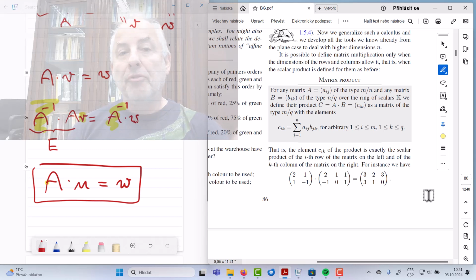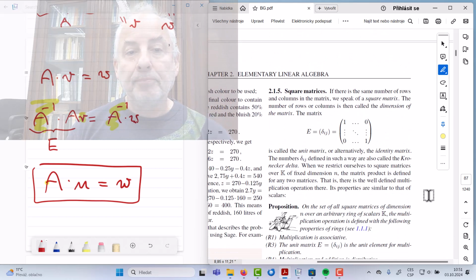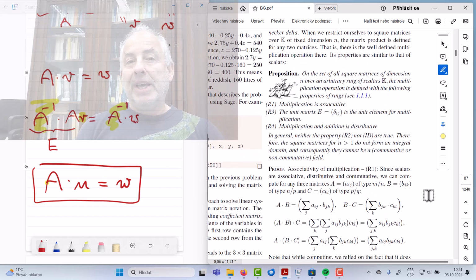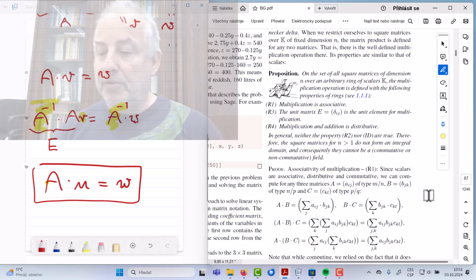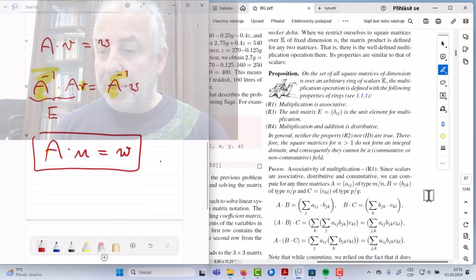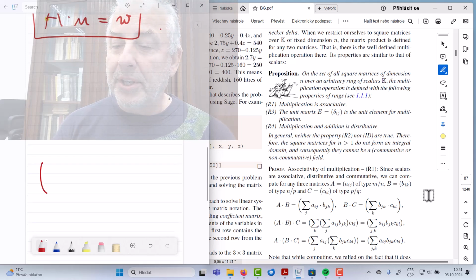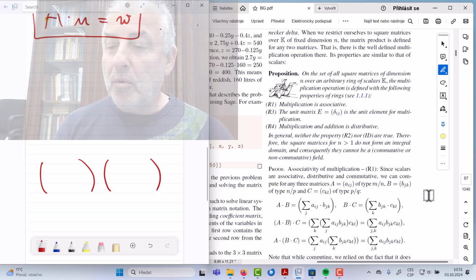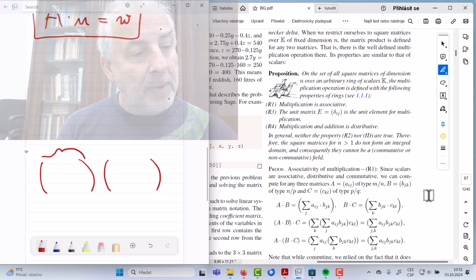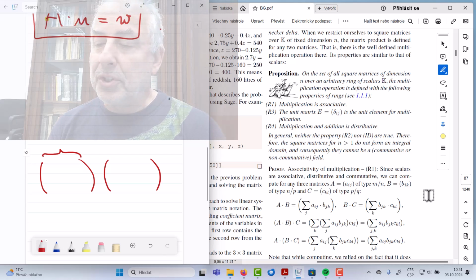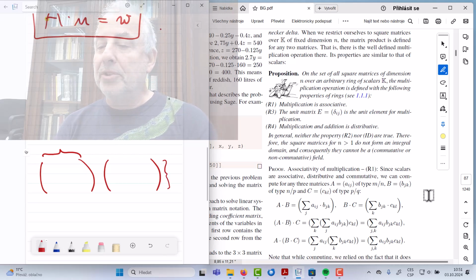So here it's formally given, and this is the unit matrix, and here are the propositions, right? That actually, if we deal with, say, square matrices, so we always, if we deal with two matrices, then the only thing to remember is that we can multiply them only in such a case when the number of columns of the first matrix is the same as the number of rows of the other matrix, right?